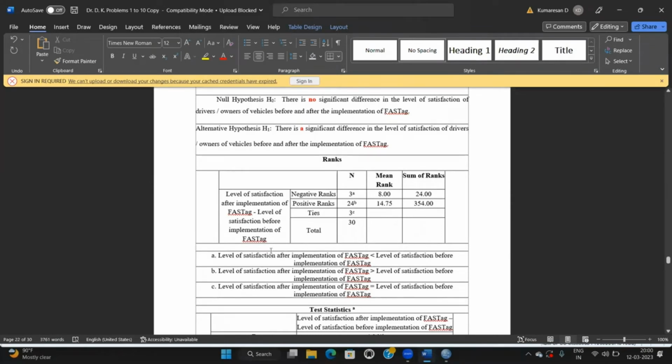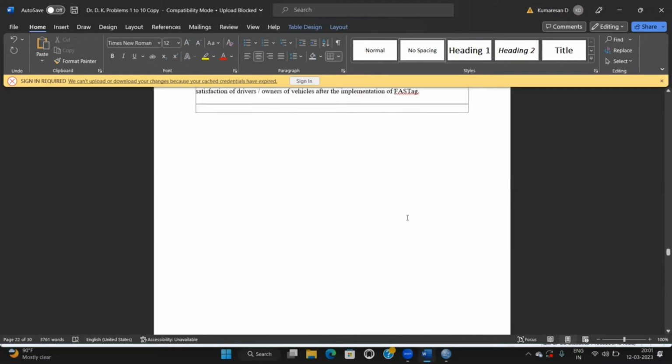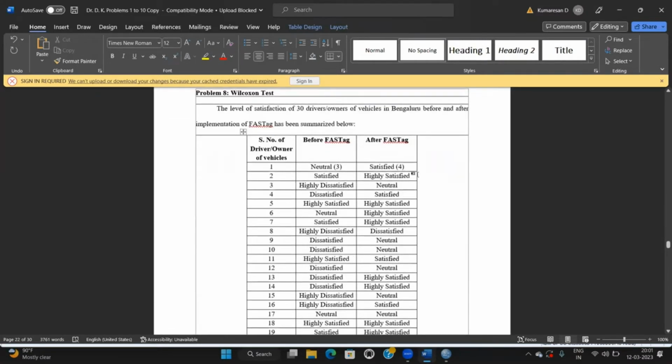What is asked here? After is greater than before. After is less than before means negative. See, what is after? 4. What is before? 3. So the after score is greater than the before score.